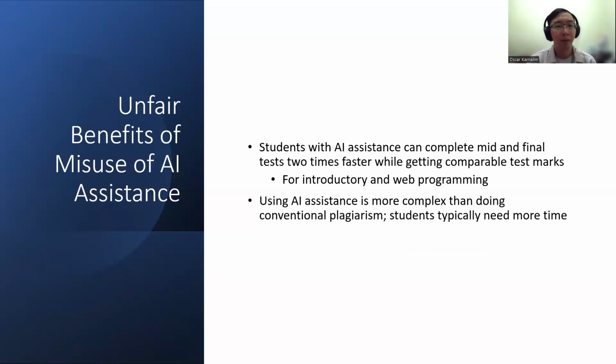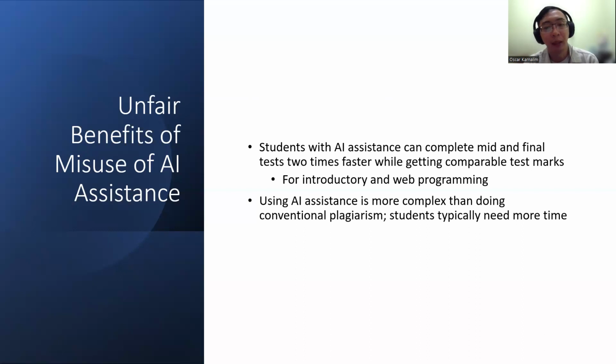So the first one is unfair benefits. Students with an AI assistant can complete mid and final tests 2 times faster while getting comparable test marks. This applies to both introductory and web programming courses.